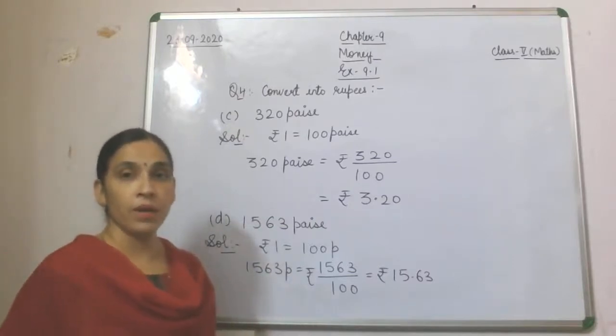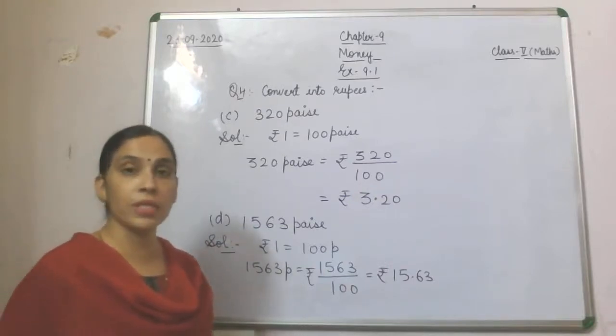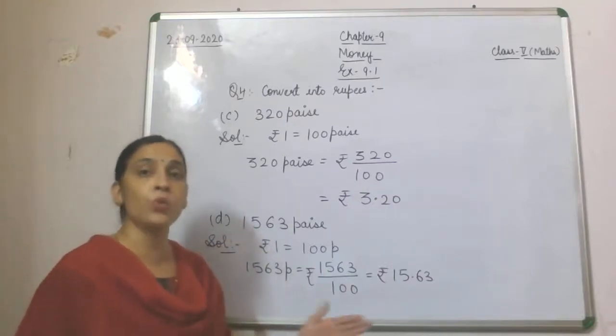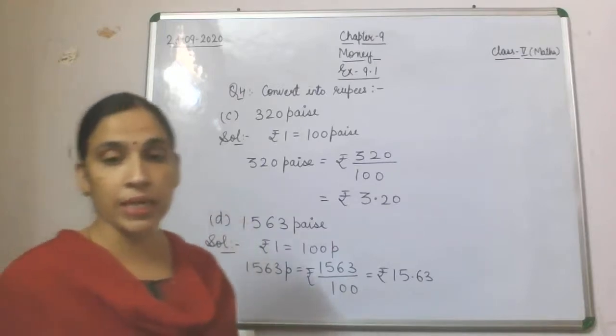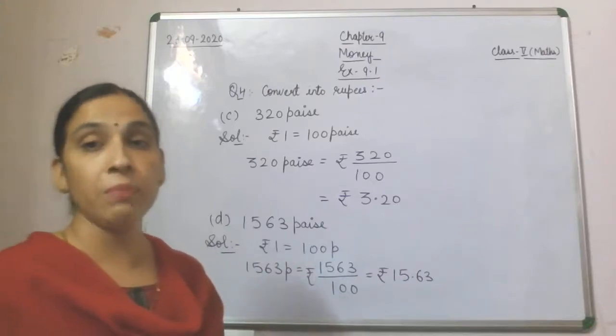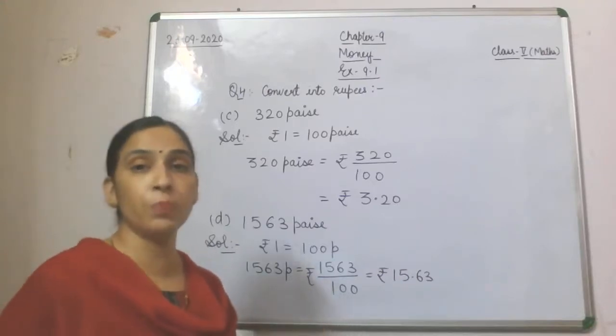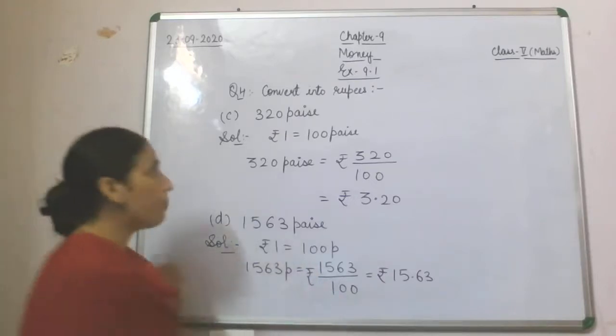So with this we have completed our first conversion, that is converting paise into rupee. Now we'll come to our second conversion, that is converting into paise. The question will be given in rupee and you are supposed to convert it into paise.